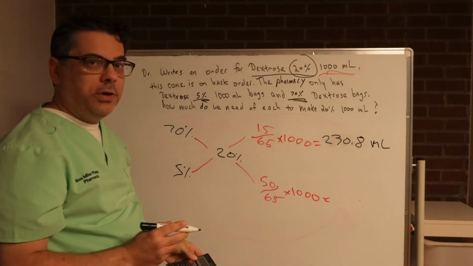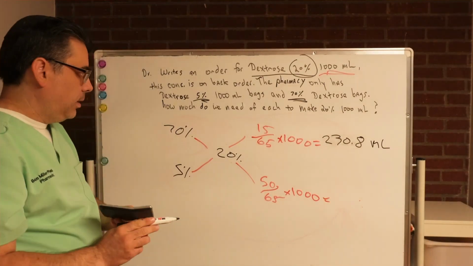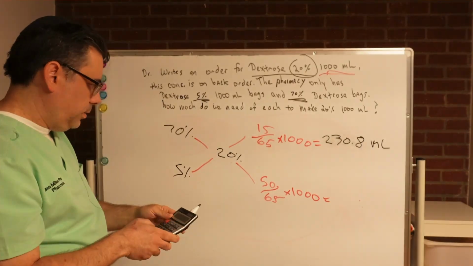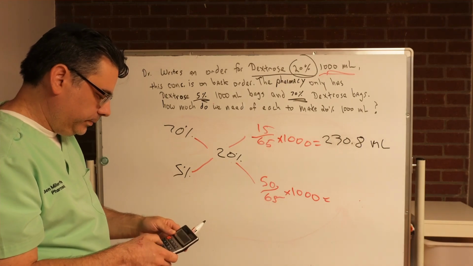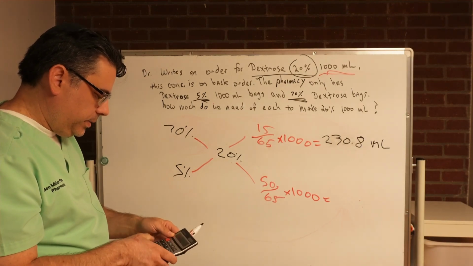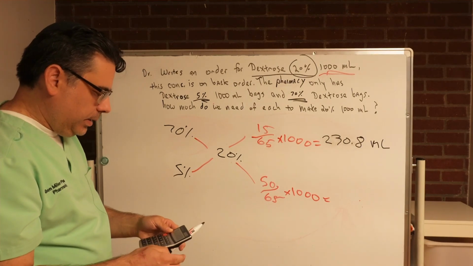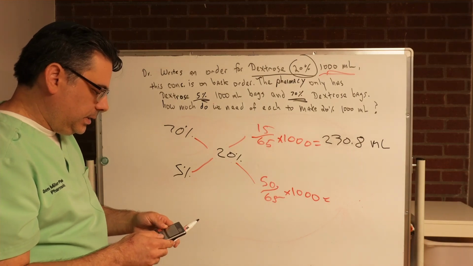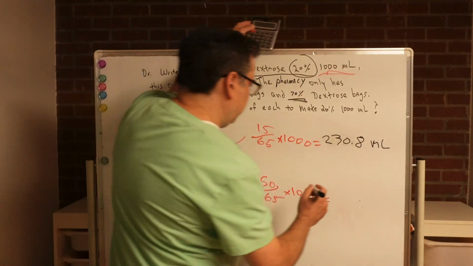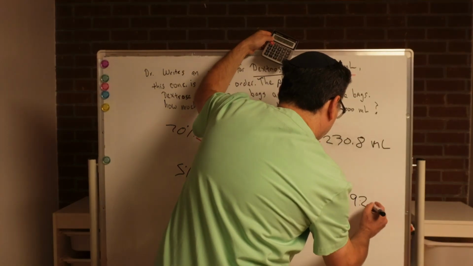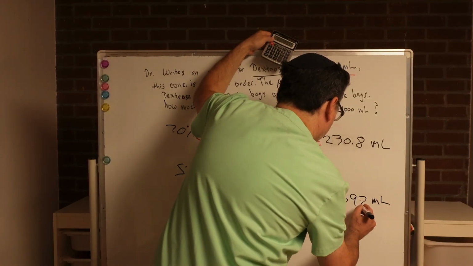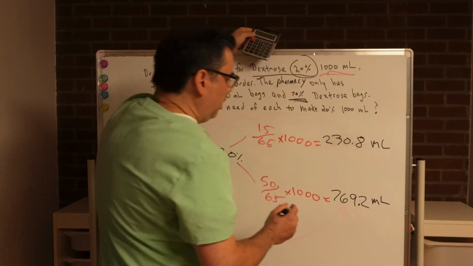So we're going to have 230.8 milliliters, and then we do 50 divided by 65 times 1,000, which is 769.2.